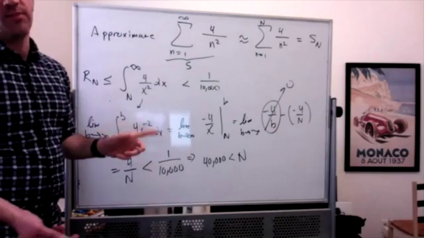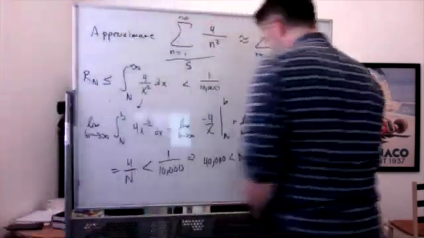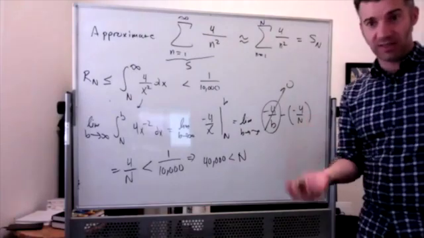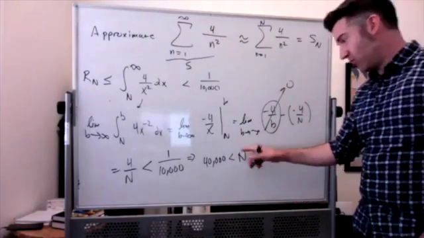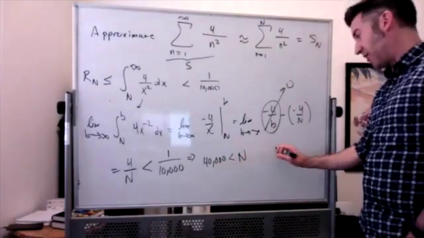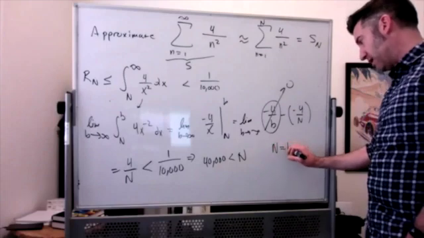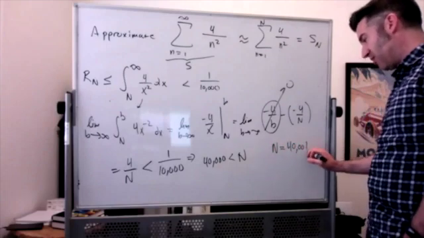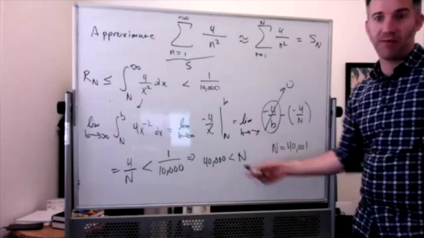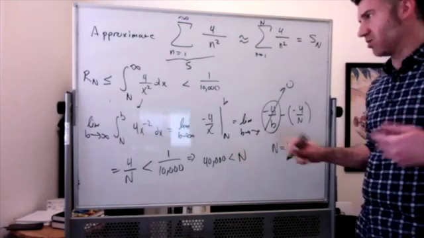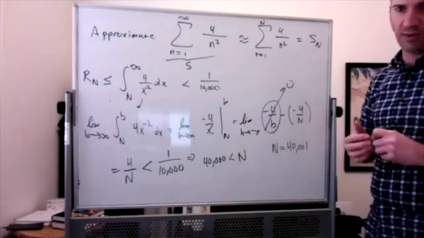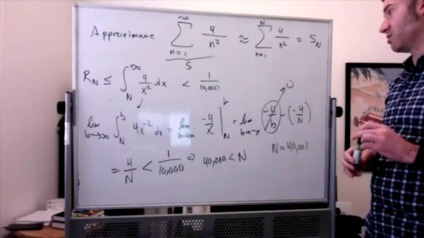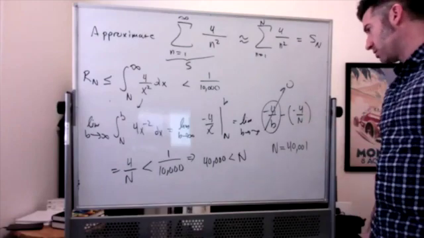If you're doing this problem, I forget who asked this, but if you're getting n strictly greater than this, I would first try an n equal to 40,001, and then if that wasn't right, I would try 40,000. It should be one of those two. Sometimes it can be a little picky as far as what they want, but that is the idea there, that you want to get one of those.